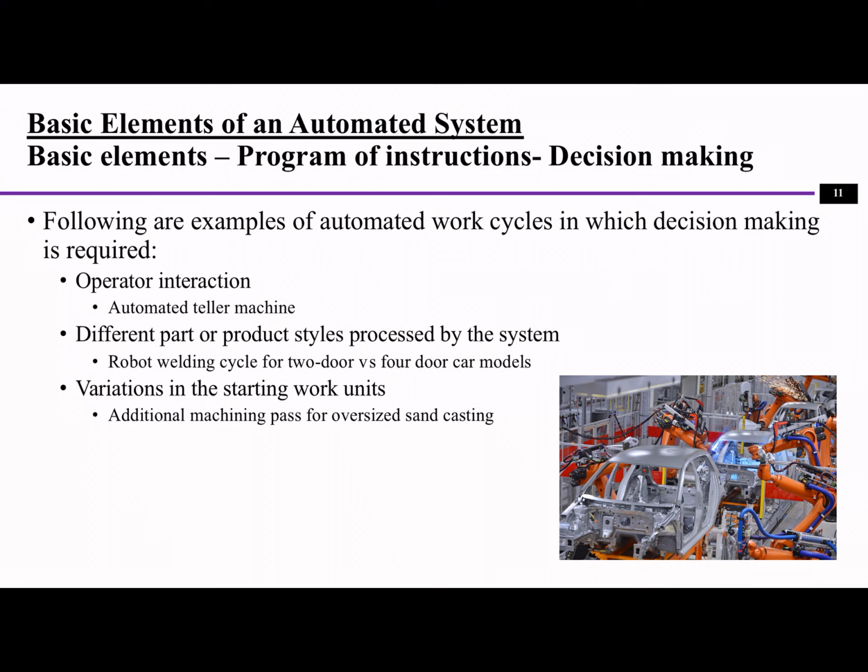If the original starting workpiece is too big or too small, then based on that information, the control system will determine whether it needs another pass to machine it, or extra operations, or longer operations based on the starting workpiece's dimensions or characteristics. So these are the decisions that program instructions can make.